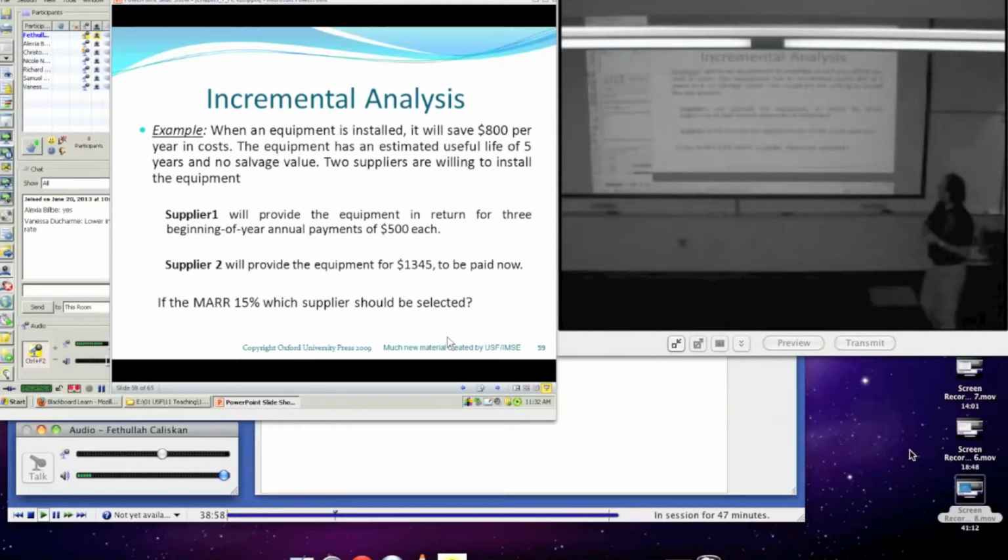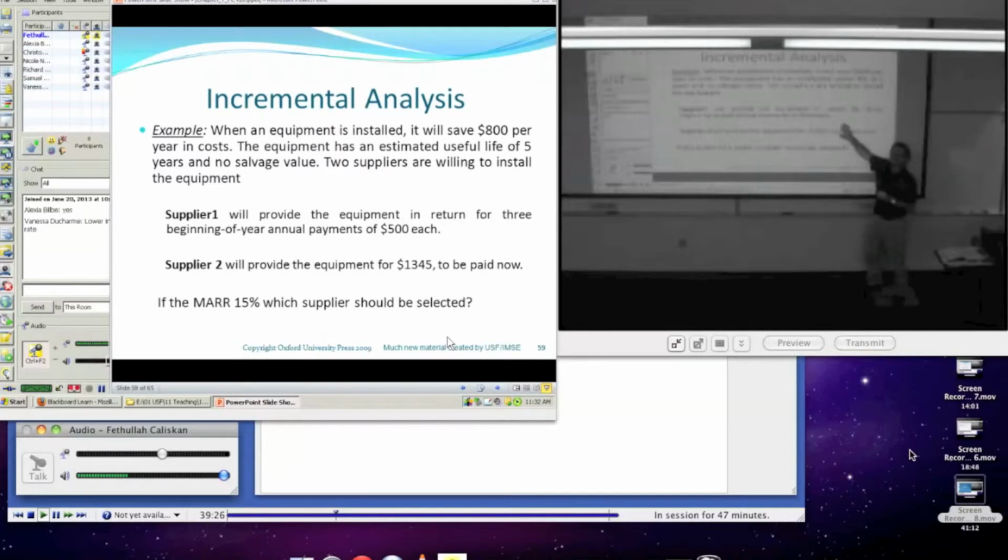The first one will provide the equipment in return for 3 beginning-of-the-year annual payments. They oblige us to pay at year 0, year 1, year 2, $500 payments. Supplier 2 will provide the equipment, and they want us to pay $1,345 just now.